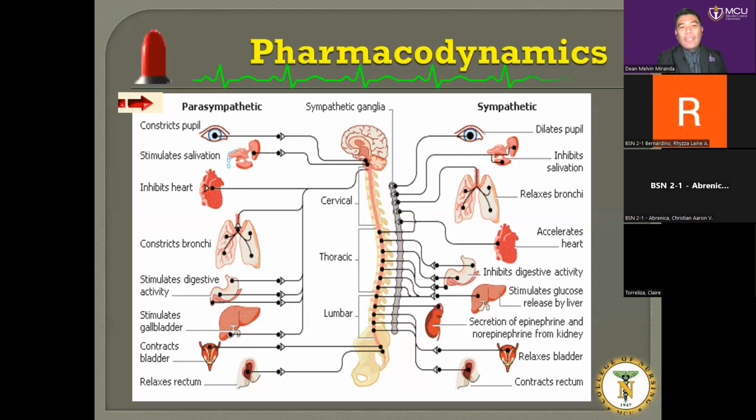And other than that, if the patient has undergone a major surgery, even after the operation, the patient may unconsciously vomit, and the nurse must monitor for possible aspiration. Other than that, most of the patients who received anesthesia with a parasympathetic effect will have a decrease in the impulse transmission of signal and urge.